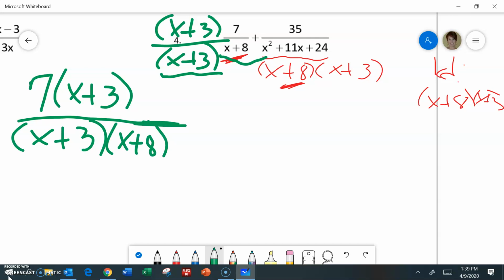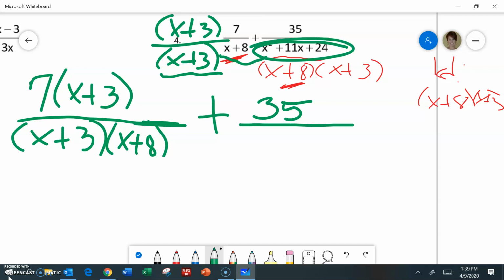Don't worry about that. You now can see that denominator is x plus 3 times x plus 8. Now the second fraction, we're actually not going to have to do anything to, because the 35 is on top. And when we factored this right here, we got x plus 8 all over x plus 3. So as you can see, the denominator is the same.